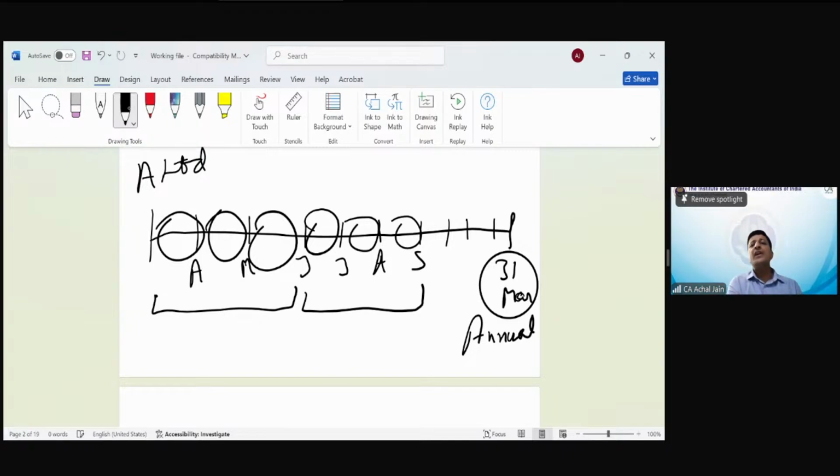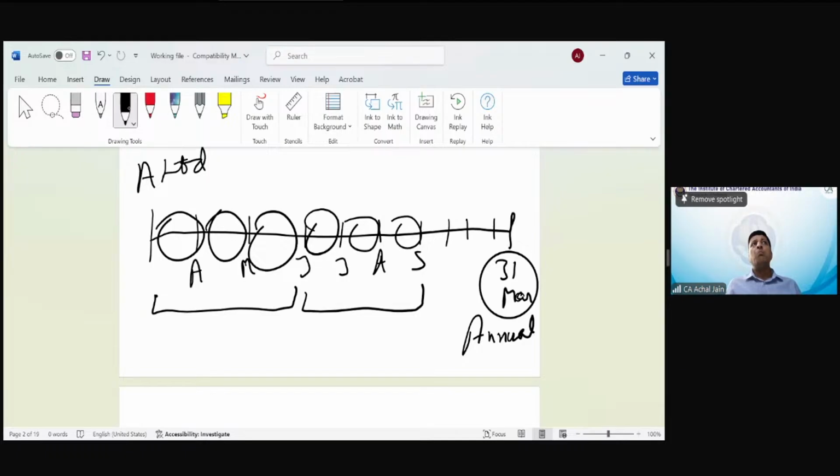Why? Because the annual details which are provided are audited. Yes or no? So some sort of that correlation, wherever possible, can also be looked at by the auditor. So I would say that will be a bigger requirement.